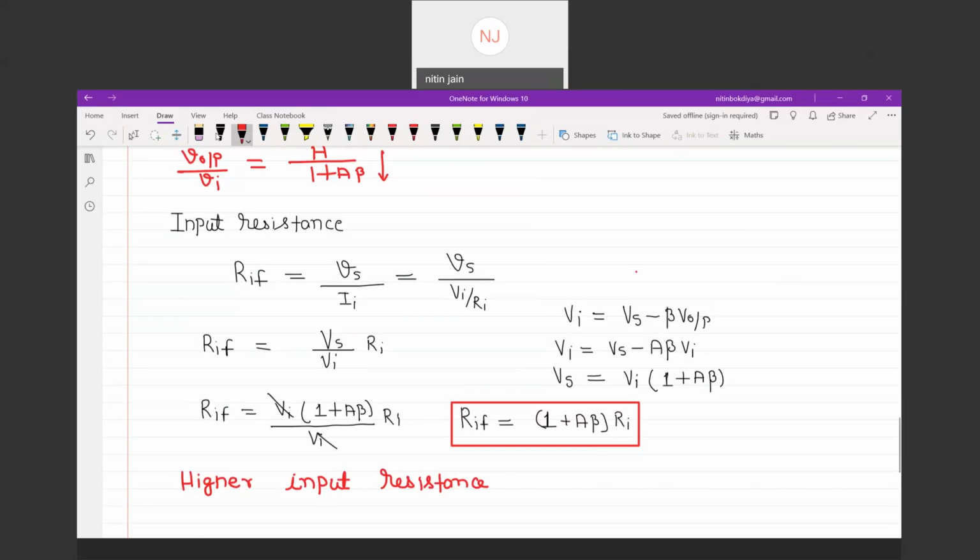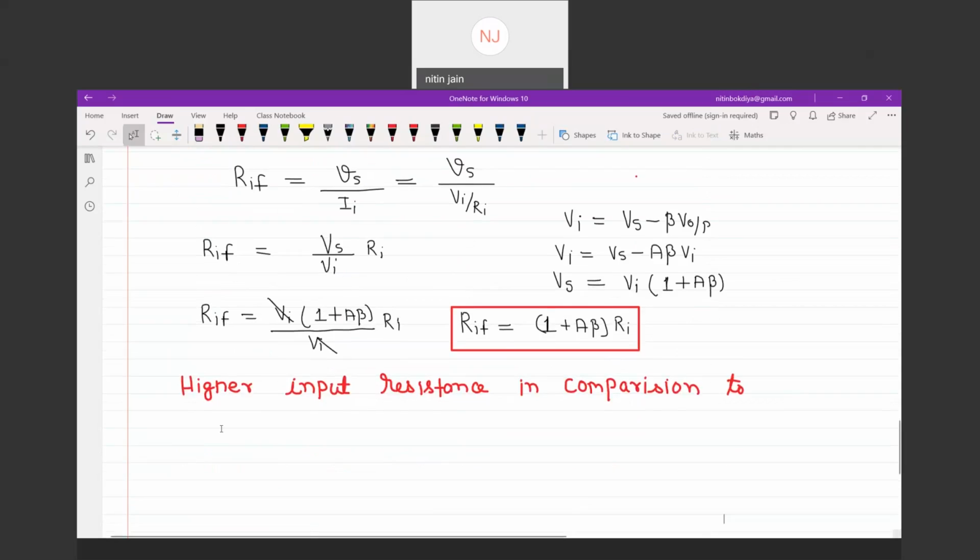We are having higher input resistance now in comparison to without feedback.